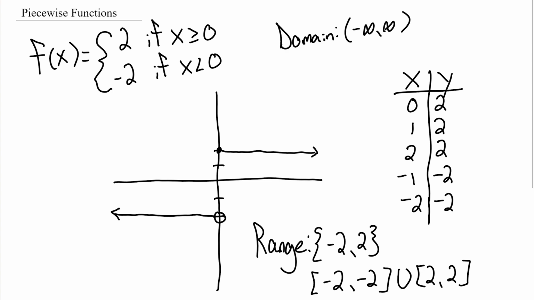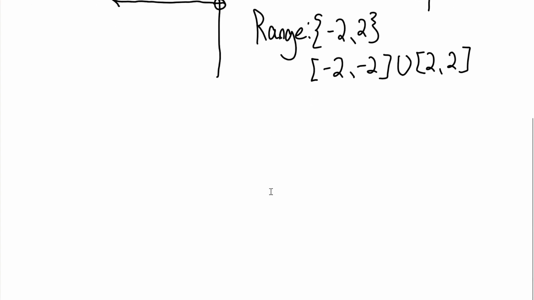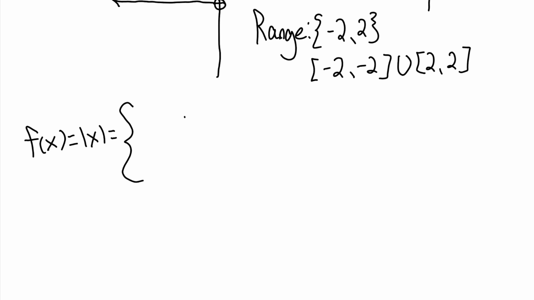Okay. So let's look at some other examples of piecewise functions. A very common one is actually the absolute value function. So if you remember, this is the function that takes any value and makes it positive. We can define this as a piecewise function, because if x is greater than or equal to 0, this function is simply f of x equals x, right?